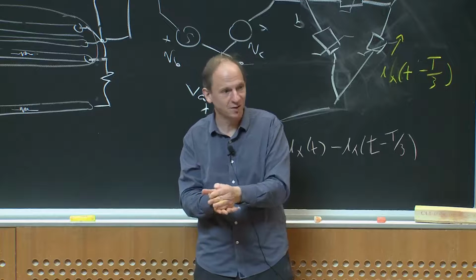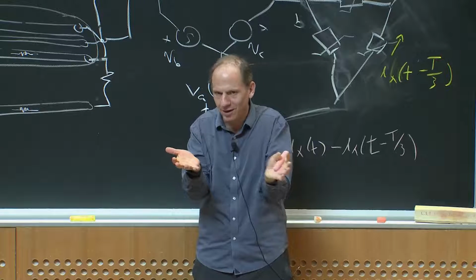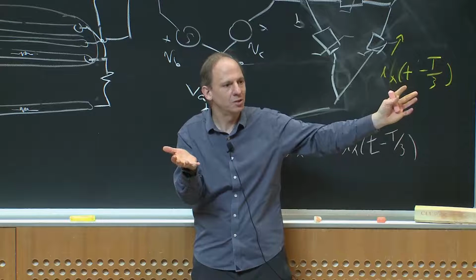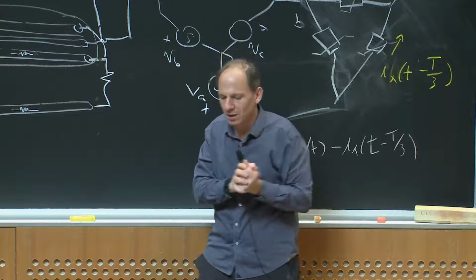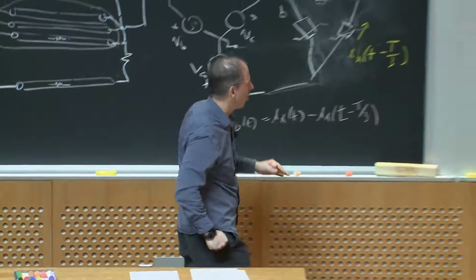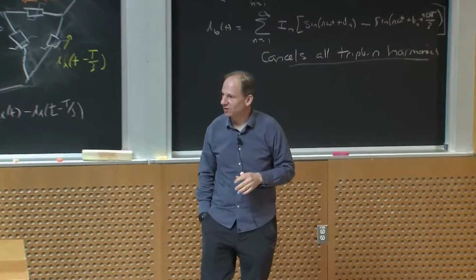So 2-phase gives you some of the benefits. You go up to 3-phase and you get all the benefits you want. You go to more phases, well, yeah, you can get it, but it's more complicated, so why do it? Okay? So that's a lightning introduction to many of the benefits of having a polyphase signal.